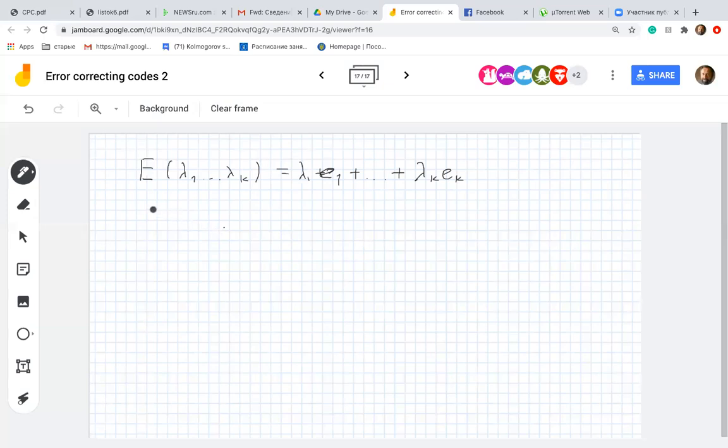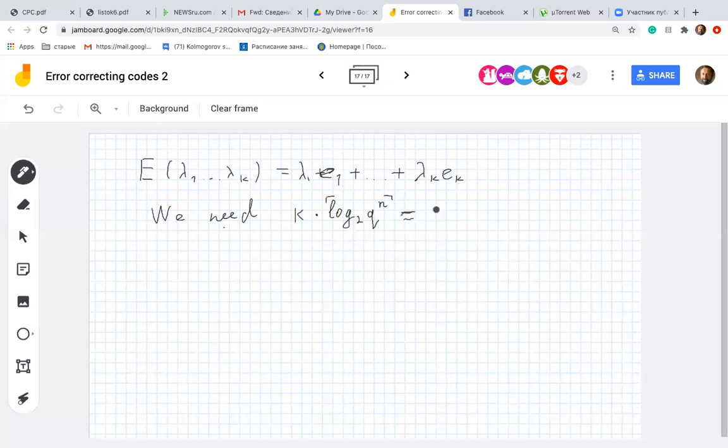So to find such a code, we need to choose k vectors, and to choose each vector, we need binary log of q to the n bits, where we need to take the integer part of that.